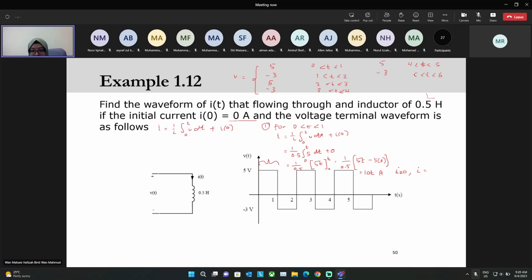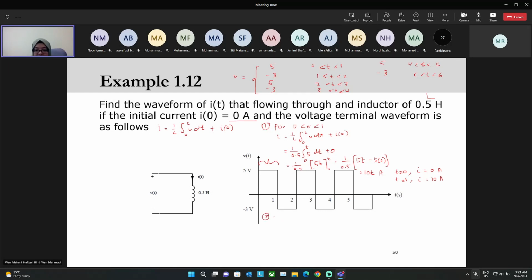So, I dia pada masa T kosong, I dia 10 darab kosong, kosong lah. Pada masa T1, I dia berapa? 10 darab 1. 10 ampere. So 10 ampere lah pada masa T1. Kenapa nak kena kira ni? Ganti kosong dengan 1. Sebab nanti yang untuk 1 ni you akan kira untuk the next stage ni. Okay?